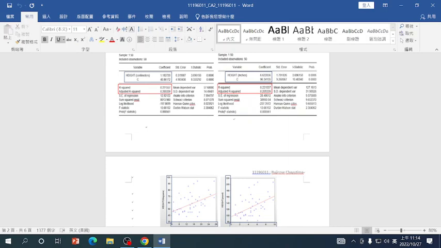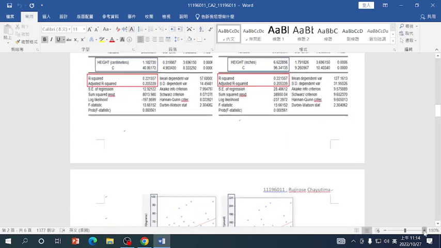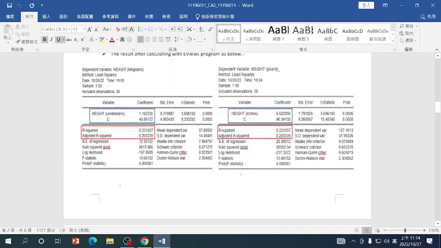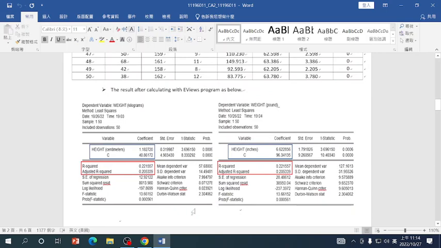Furthermore, we found that the R square was... For the coefficient, for kilogram per centimeter, if height increases 1 centimeter, the weight will increase 1.1x kilograms.